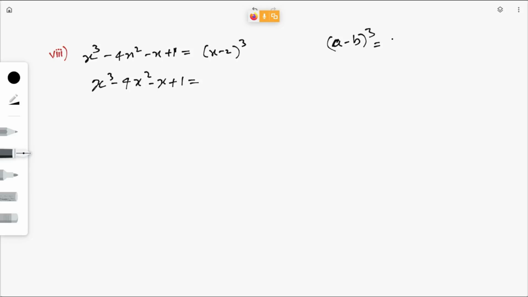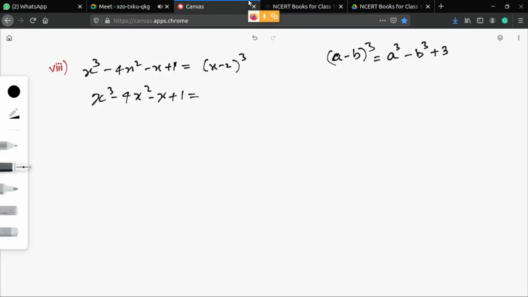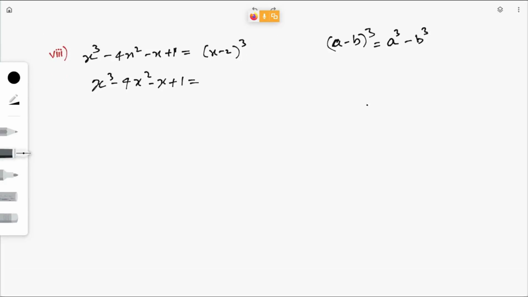A minus b whole cube is a cube minus b cube minus 3a square b plus 3ab square.